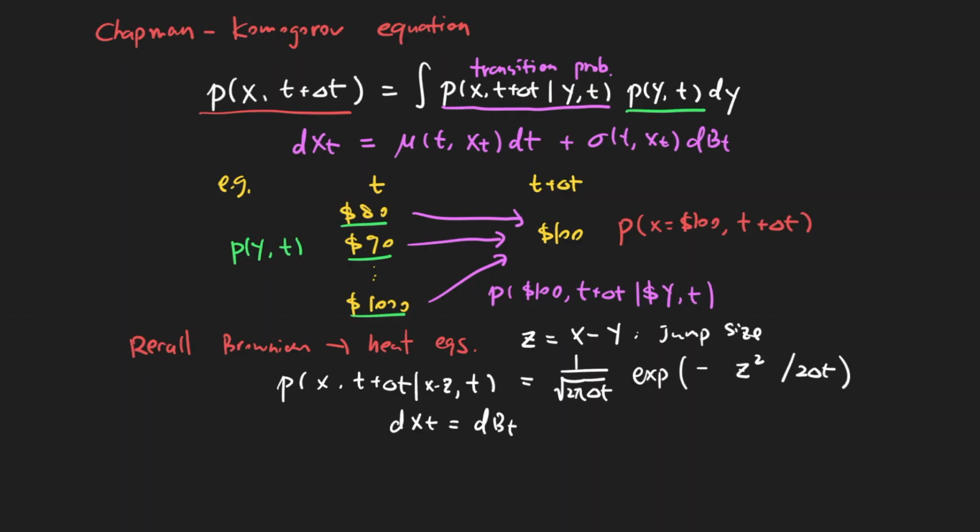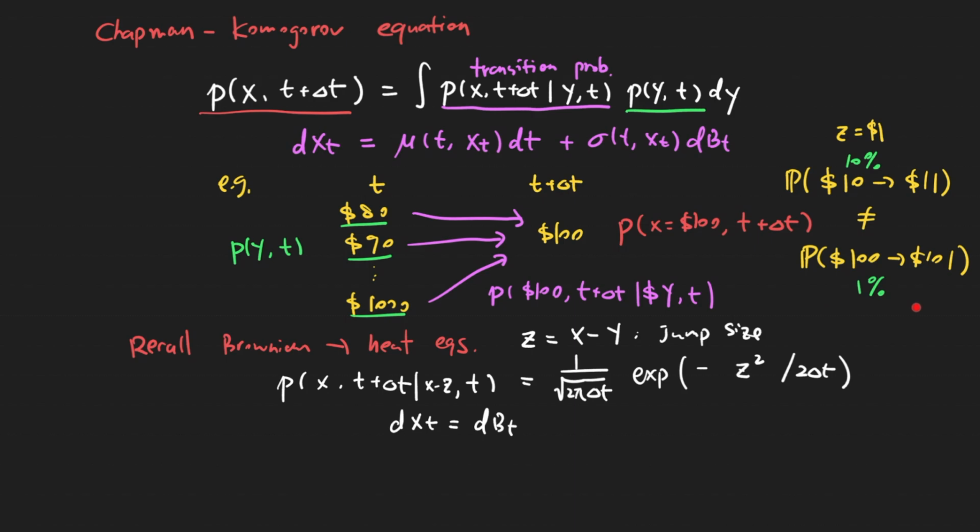If you consider the stock price, the probability of a jump from $10 to $11 is not equal to the probability of a jump from $100 to $101, even though the jump size is the same, z equals $1. This is because the first has a 10% increase, whereas the second only has a 1% increase.